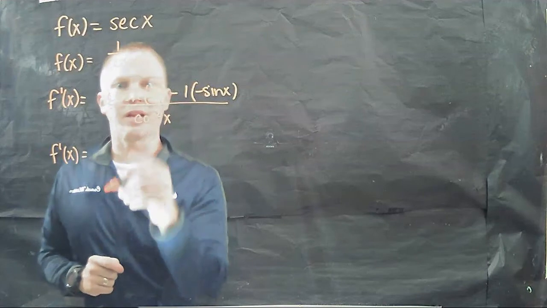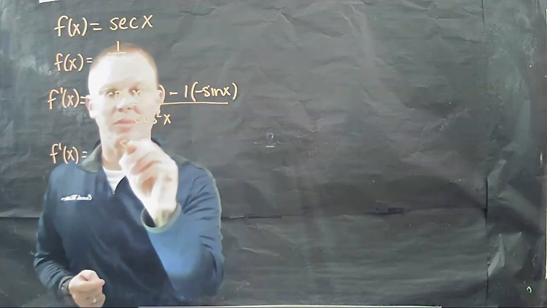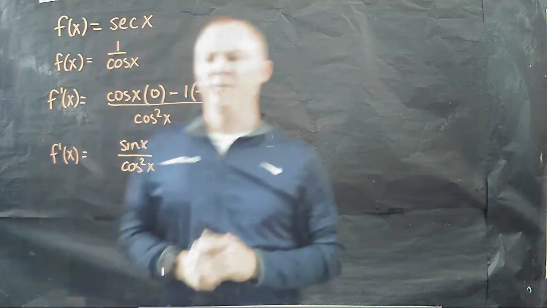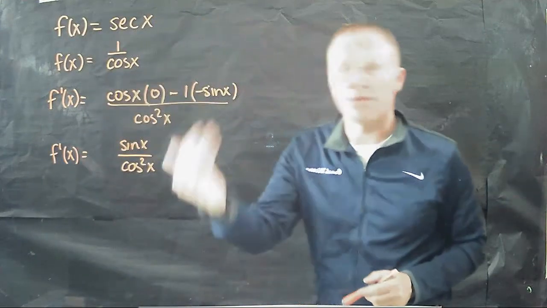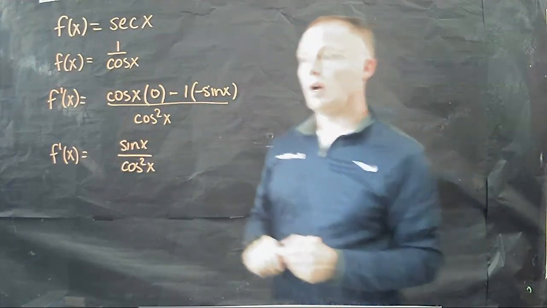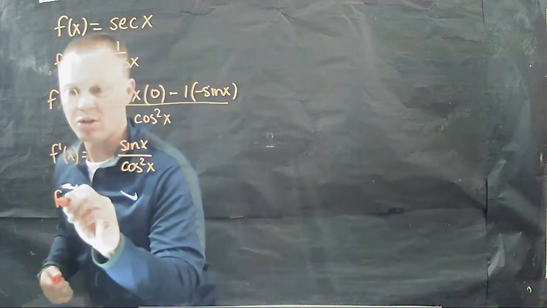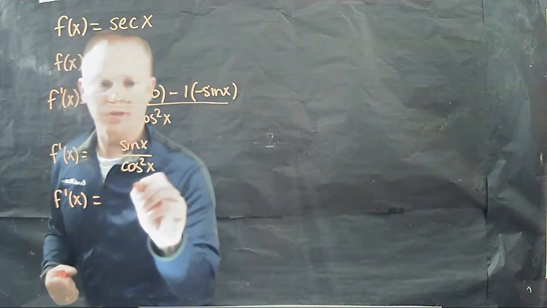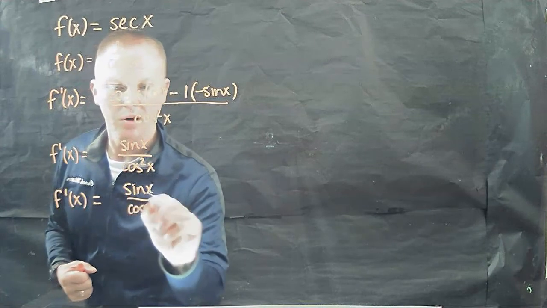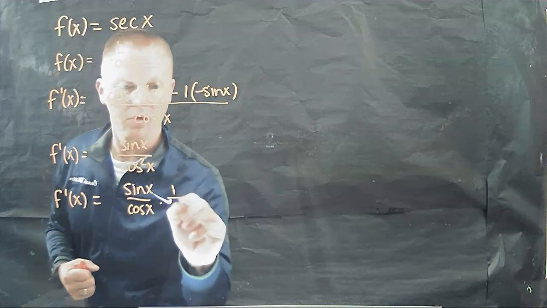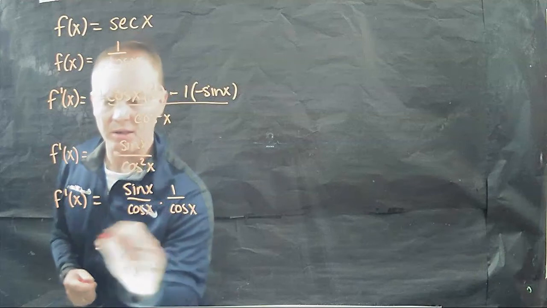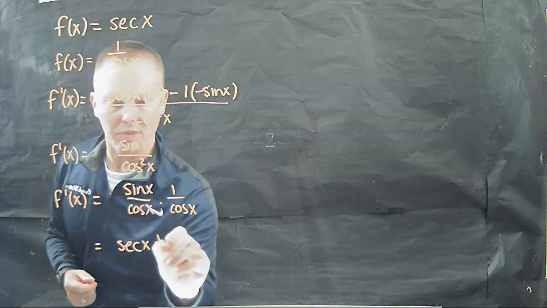Negative times negative is positive, so this is going to be sine of x over cosine squared. Okay? Some folks will leave the derivative of secant like that, and that's perfectly acceptable. But it's also perfectly acceptable to think of sine over cosine squared as sine of x over cosine of x times 1 over cosine of x, which is the same thing as secant of x times tangent of x.